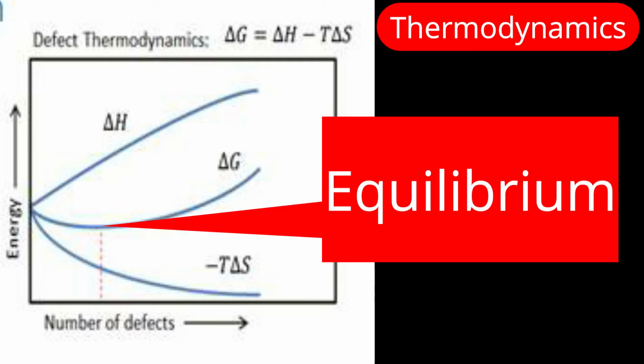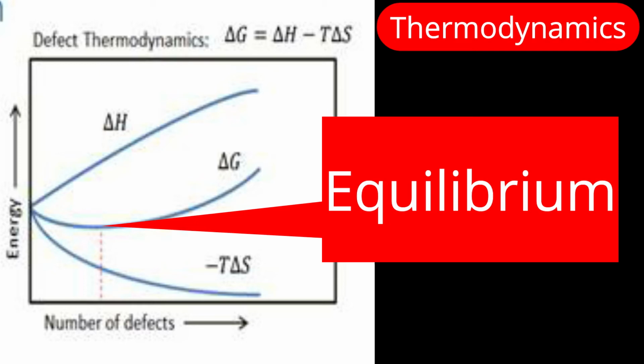After that, it is found that relative to the decrease in minus T delta S, the increase in delta H is high. So there occurs one curve, there occurs one minimum. That minimum point of the delta G curve is our equilibrium situation. It is the most favorable, most suitable situation. Because with no defect, delta G is relatively higher.